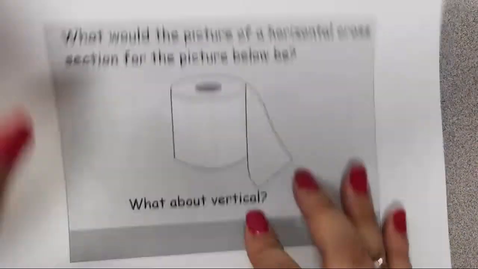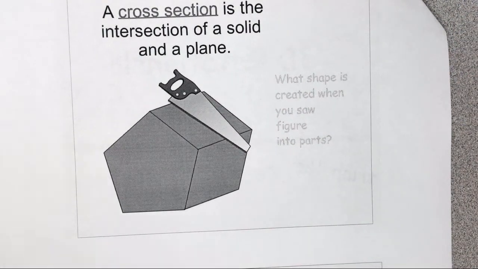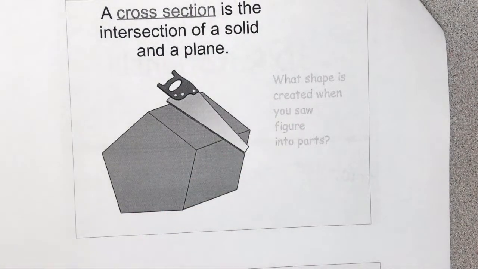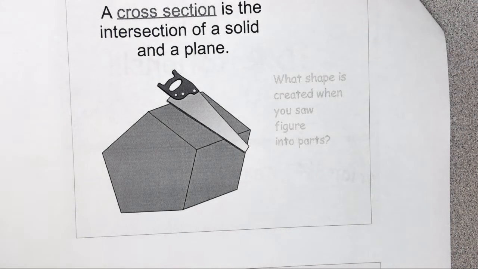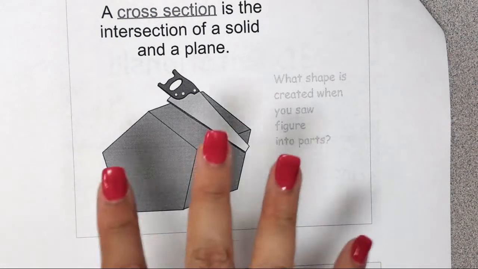So today, first thing we're going to be learning is about a cross-section. The definition of a cross-section: it is the intersection of a solid and a plane. So, if I have a pentagonal prism, and I have a plane that goes through that pentagonal prism, what would their intersection create?